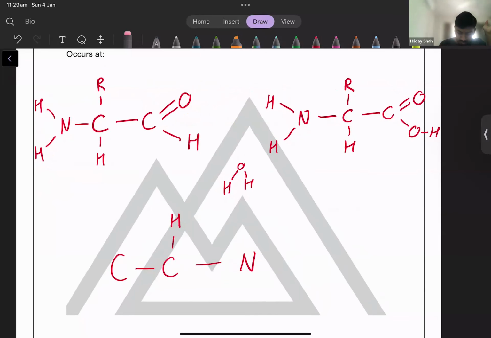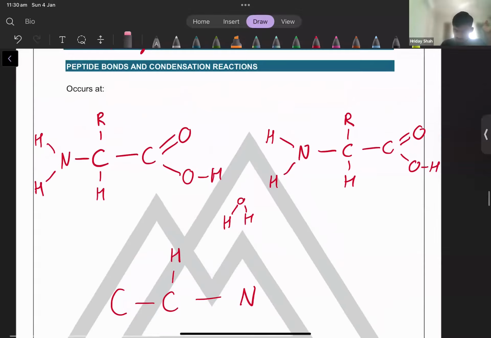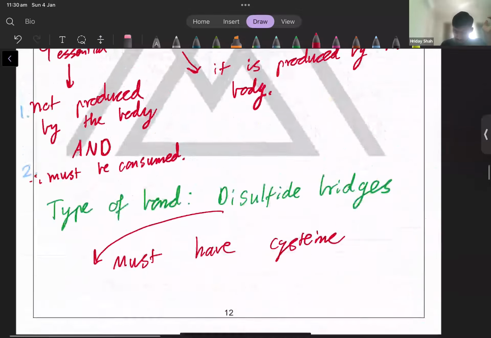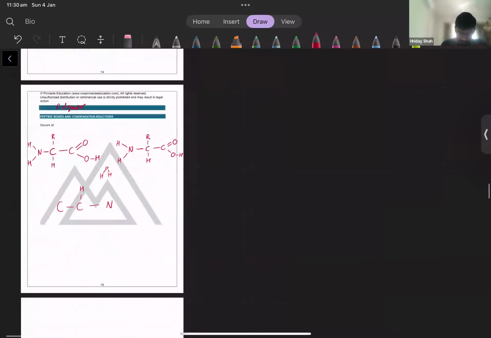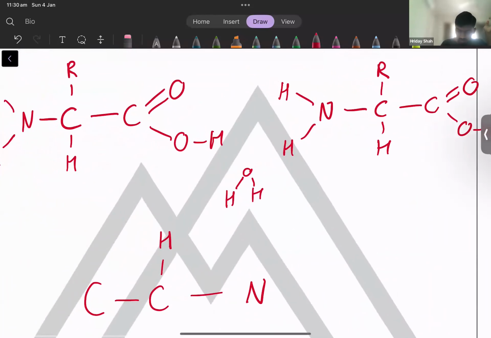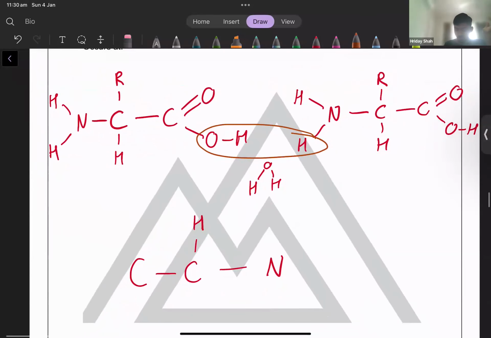Oh, sorry, I drew one less oxygen here. Did I draw it correctly? Yeah, I drew it correctly there. Oxygen, hydrogen, hydrogen secretes H2O.